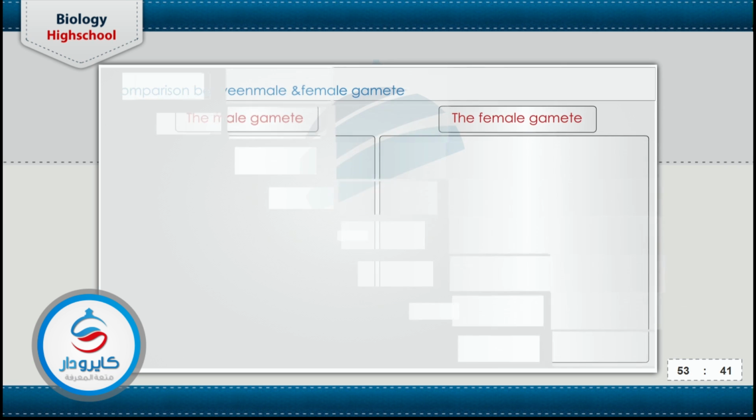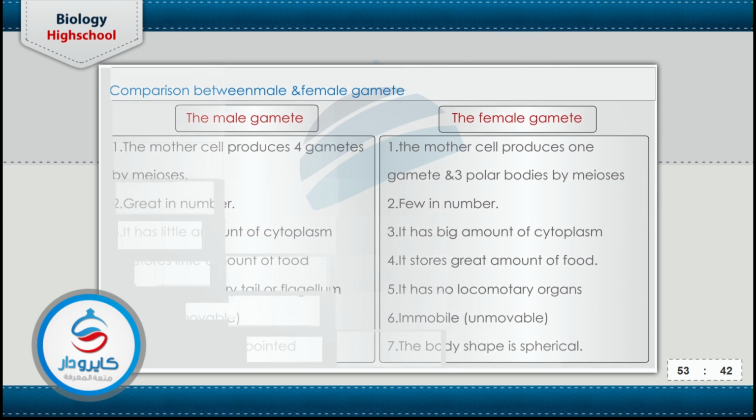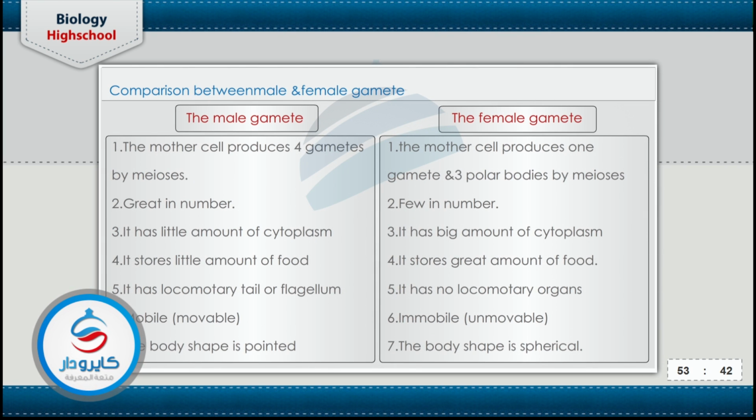The next question. Compare between male gamete and female gamete. The mother cell divides by meiosis to form 4 male gametes, but in the formation of the female gamete, 1 female gamete and 3 polar bodies are formed from the mother cell.